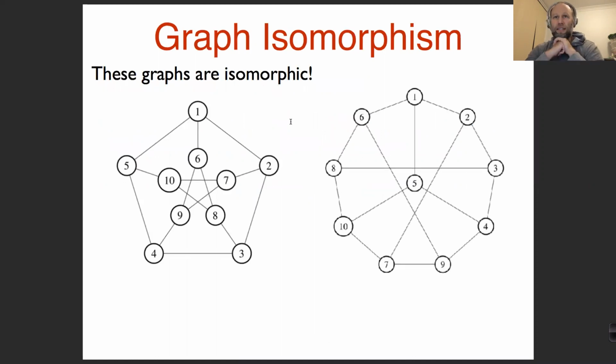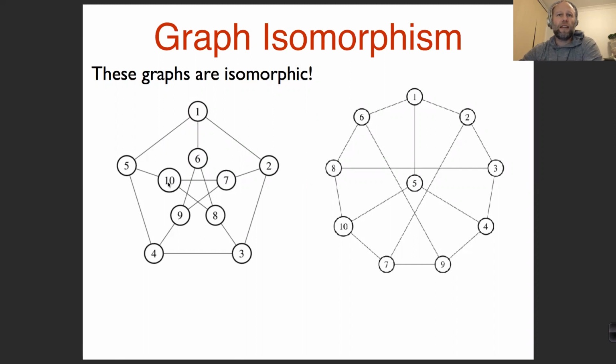In this case, actually, these graphs are isomorphic. I've just given the labeling which identifies the vertices in the first graph and the second graph. So you should check that for any i and j, i comma j will be an edge in the first graph if and only if it is an edge in the second graph. We can check that for some random examples here.